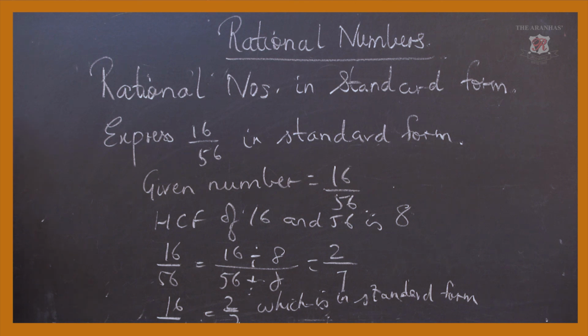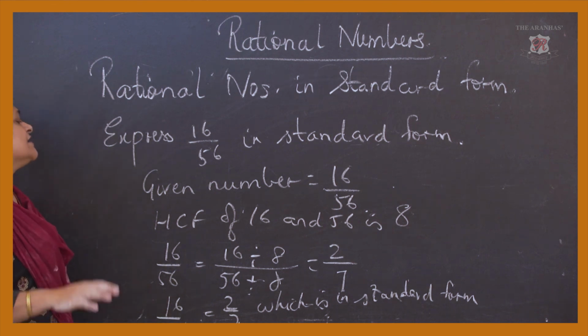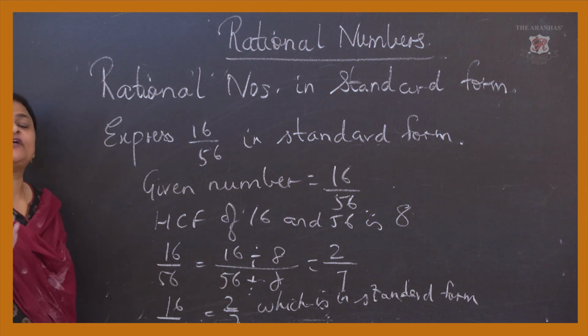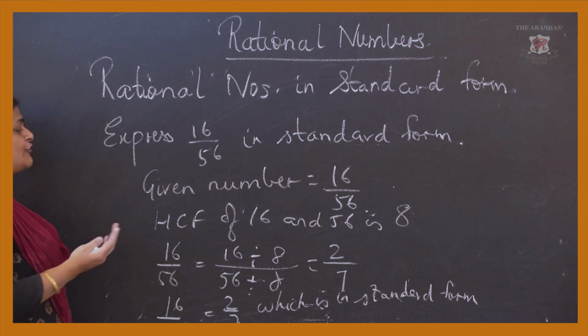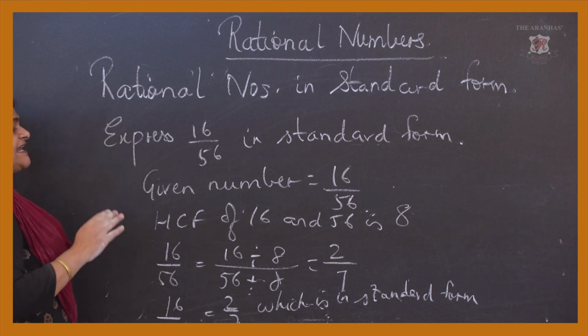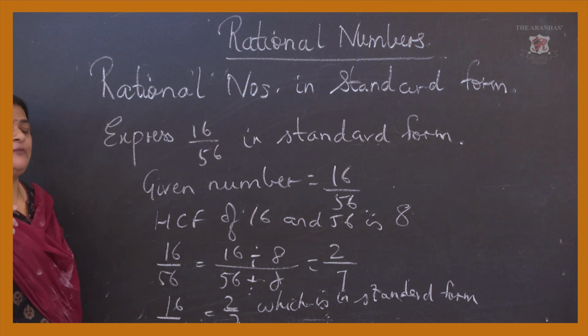Now, rational numbers in the standard form: I have given a sum, express 16 upon 56 in the standard form. Your given number is 16 upon 56. You have to find the HCF of the numerator and denominator. The numerator is 16, the denominator is 56, and the HCF will be 8.